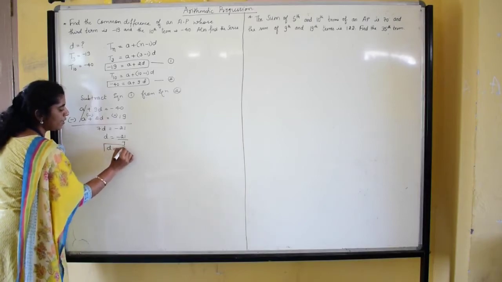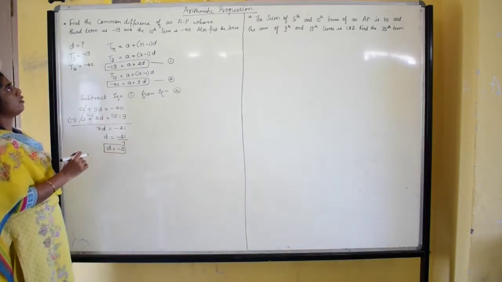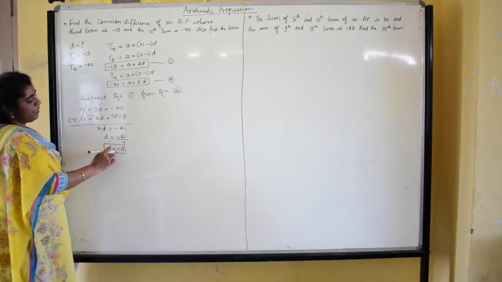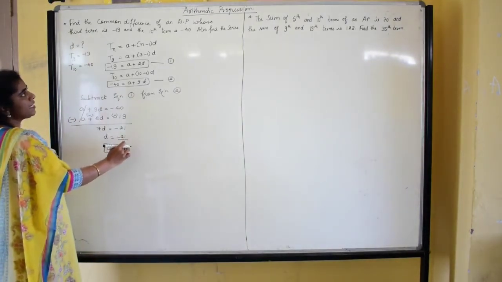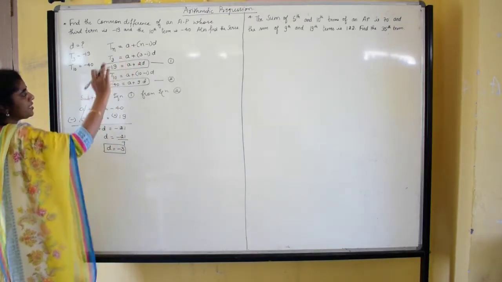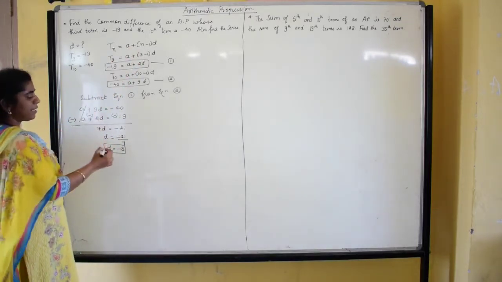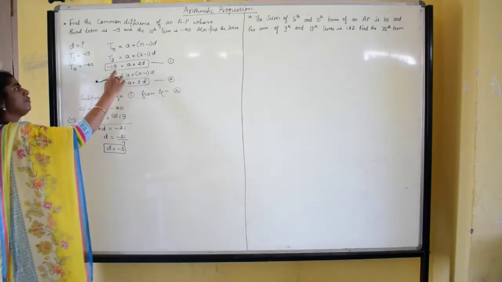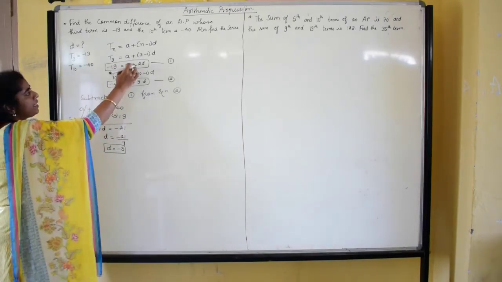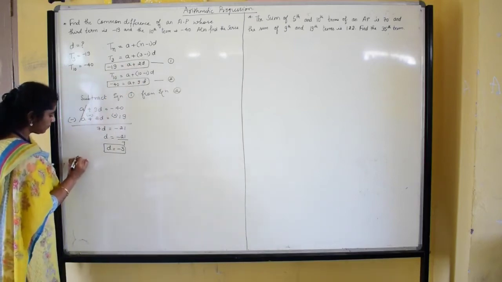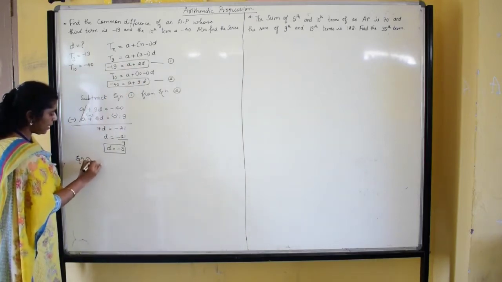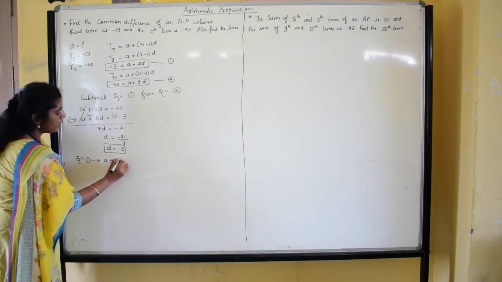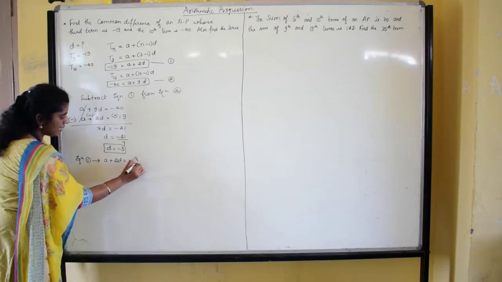In the problem they have asked us to find the common difference. As per what we have solved, the common difference D is equal to minus 3. Now we have to find the series. To find the series, we have to find the first term A. Consider equation 1: A plus 2D is equal to minus 19.